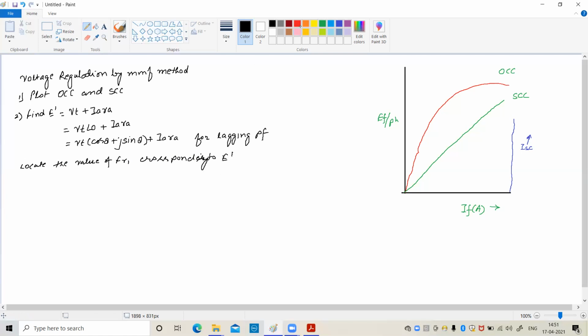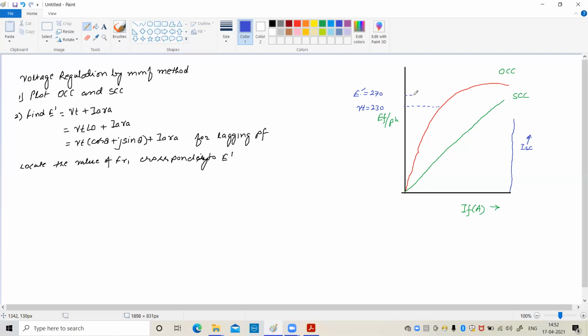Say for example, our rated voltage is 230. So this is V rated, VT is equal to 230 volt. Now from this 230 volt, there is an addition of armature resistance drop with some value of the armature current. It is found that E dash is equal to, for example, 270 volt.